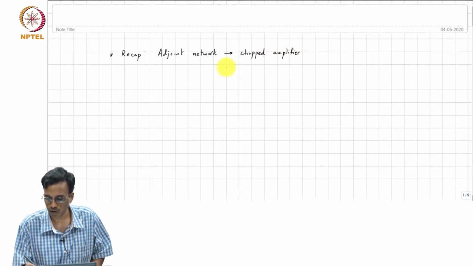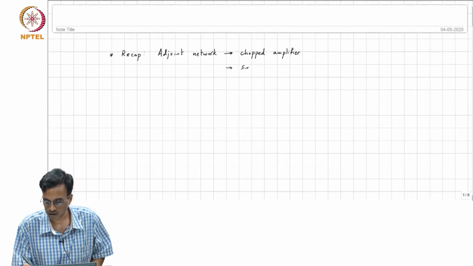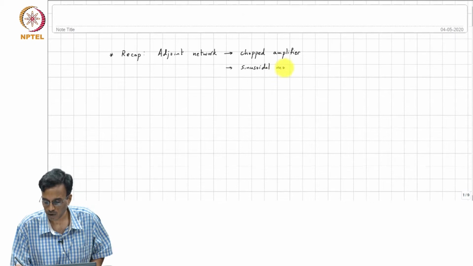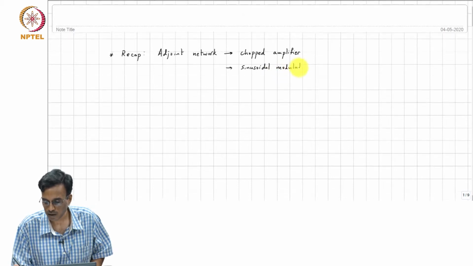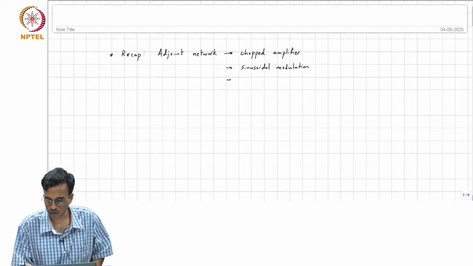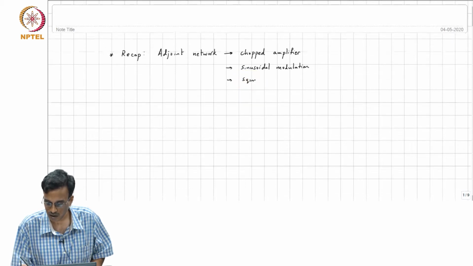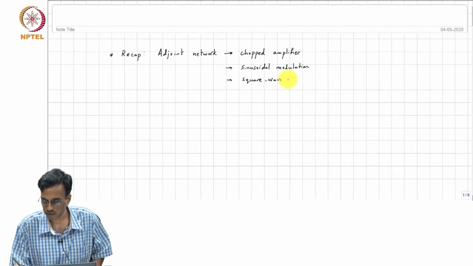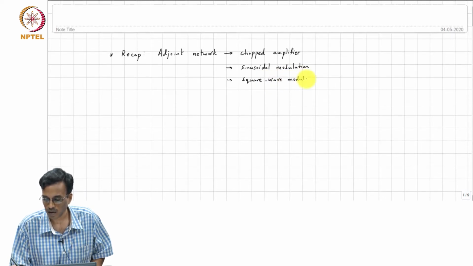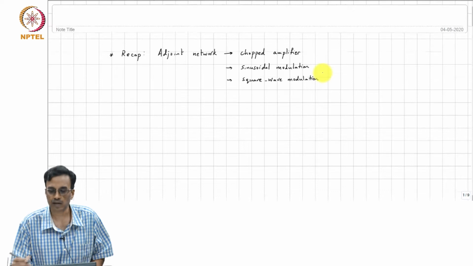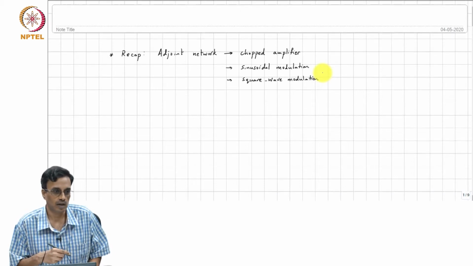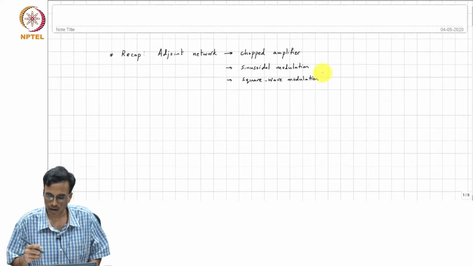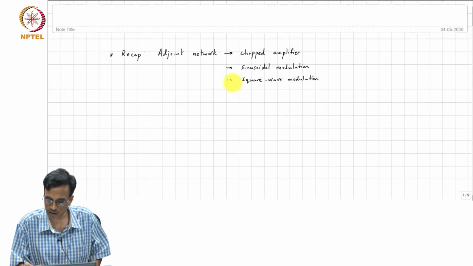We considered not only sinusoidal modulation for the chopping, we also saw square wave modulation, and the motivation for this was that in practice it is much easier to implement square wave chopping in CMOS, especially because you can simply flip the direction of switches.